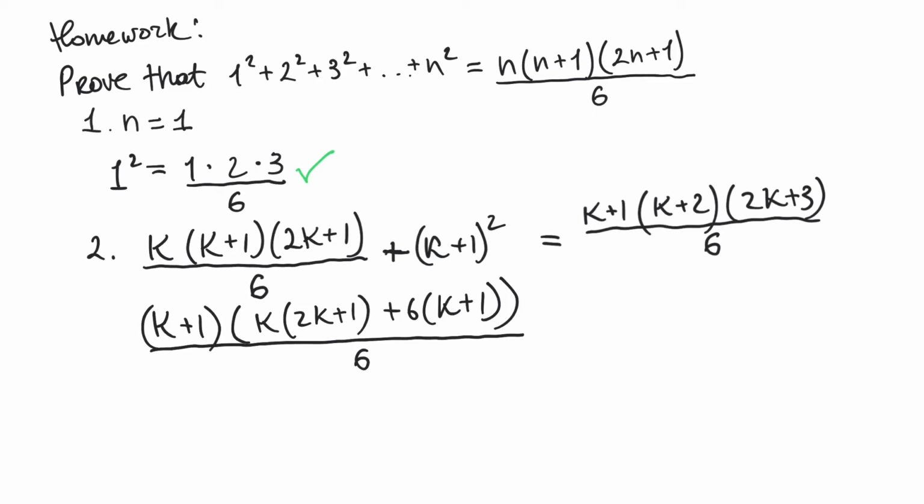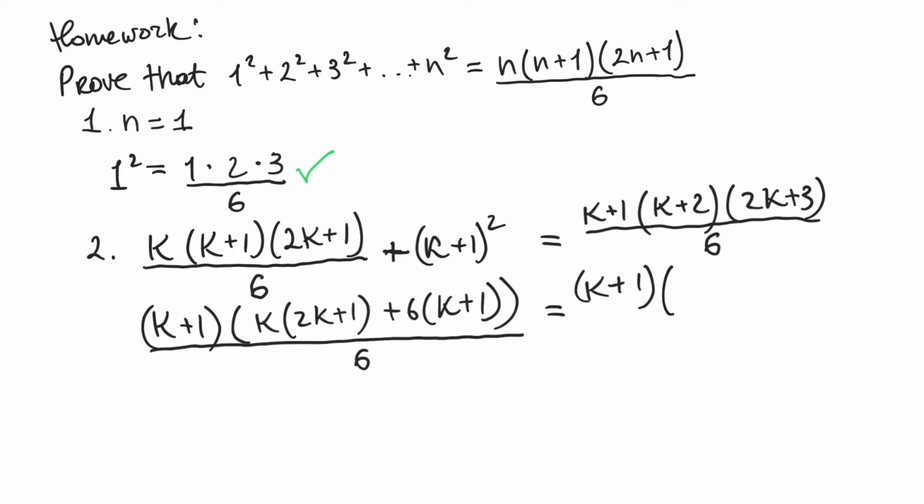The right-hand side, on the other hand, we will try to expand. We will leave k plus 1 out of this since we have it on both sides. And we will expand k plus 2 and 2k plus 3.